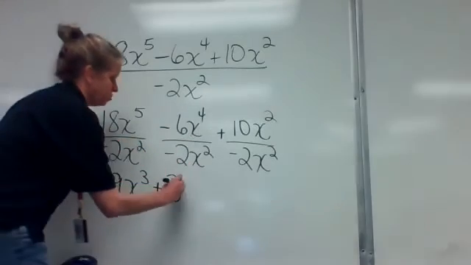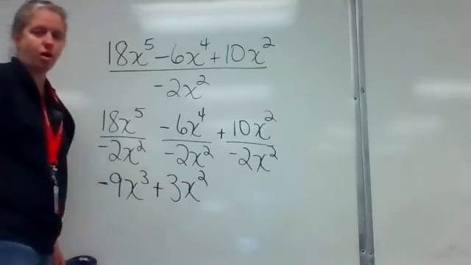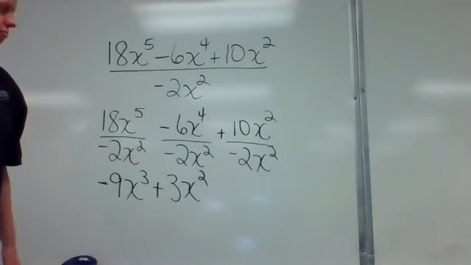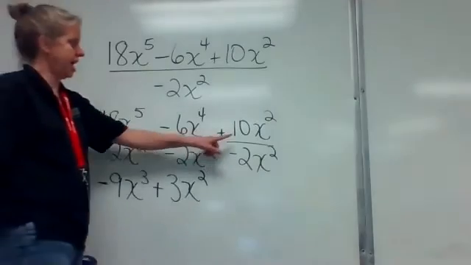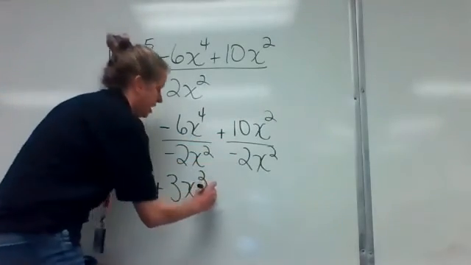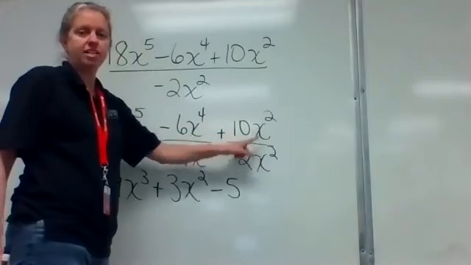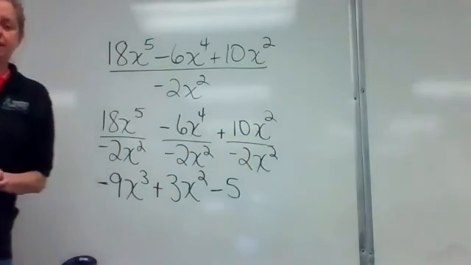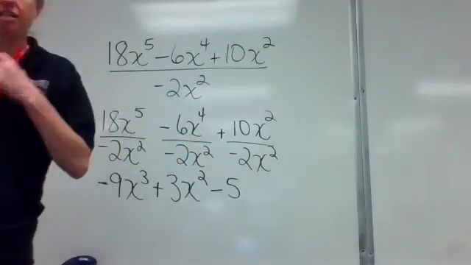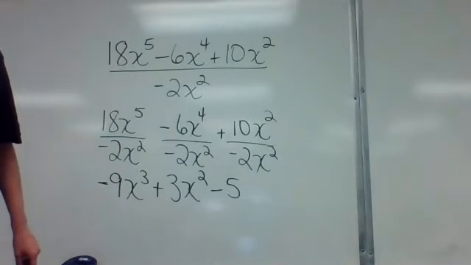Subtract these exponents, which gives me x squared. And the last one, a positive 10 divided by negative 2 gives me negative 5. And when you subtract those exponents, you don't have any x's left. So it's just minus 5 there at the end.